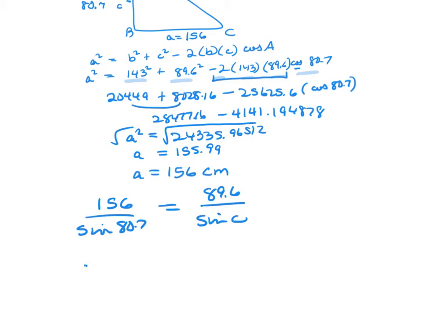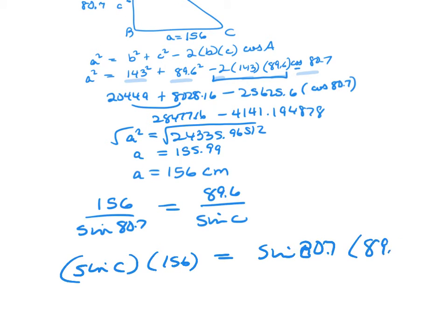So sine of C times 156 equals sine of 80.7 times 89.6. Divide by 156.